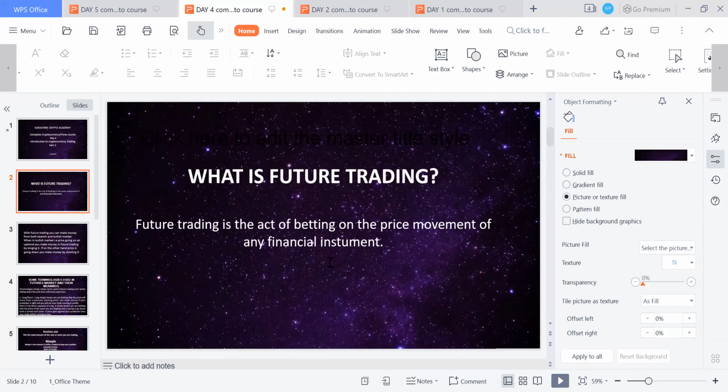For example, if I give you a signal: long Bitcoin at 19,200, stop loss at 19,000, take profit at 20,000, you'll be able to place it effectively. You understand? Though I've not taught you how to select your position size yet, you'll still be able to place a trade. Even if you don't know how to select your position size, you can select how much you want to risk on that trade. You understand? So you know how to do that already now.